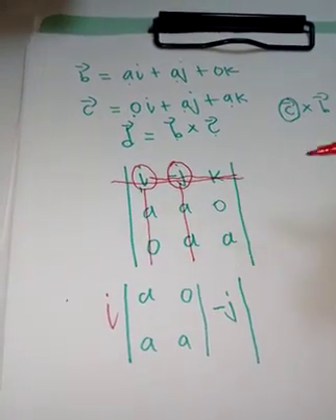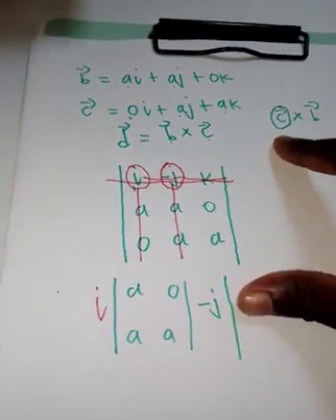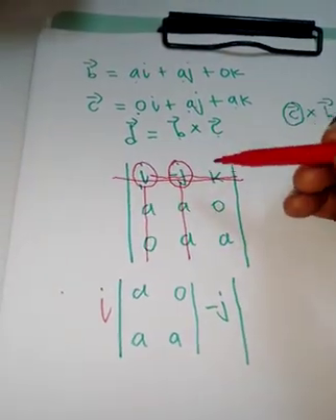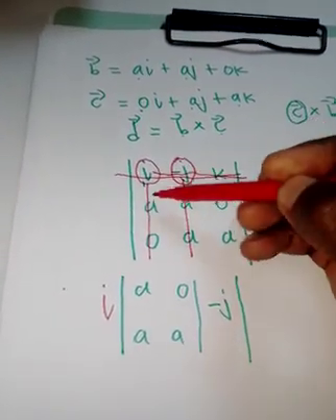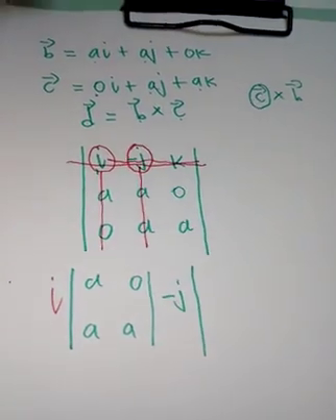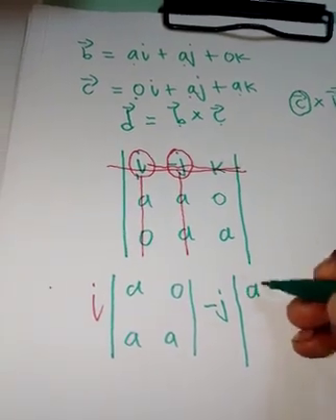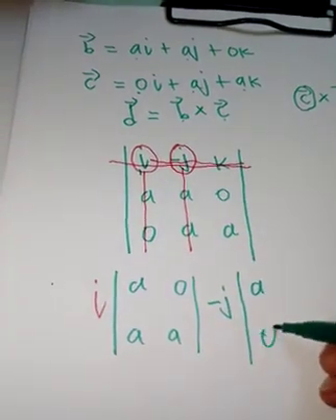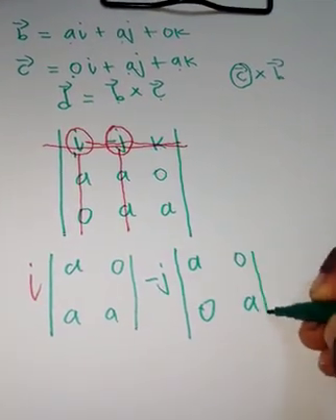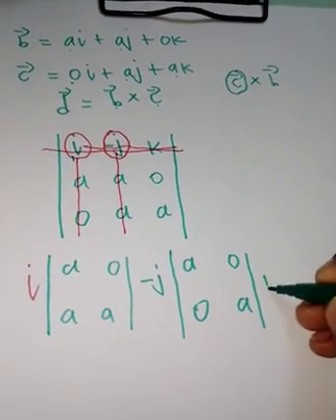Then whatever remains, our main concern here is negative j, not i. So what will remain? We will remain with this and that. Whatever remains should give you a 2 by 2 matrix, like that. Then plus k.